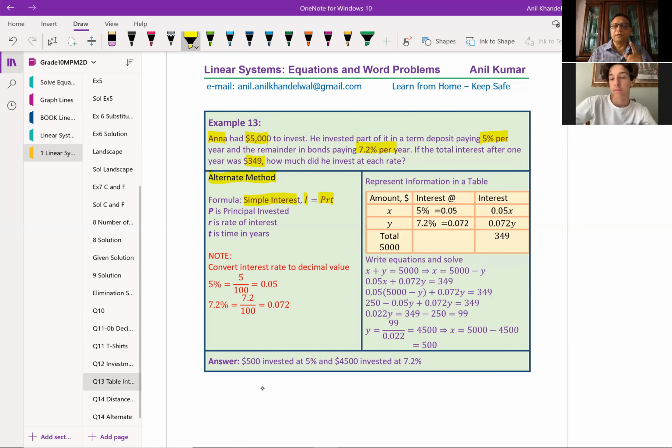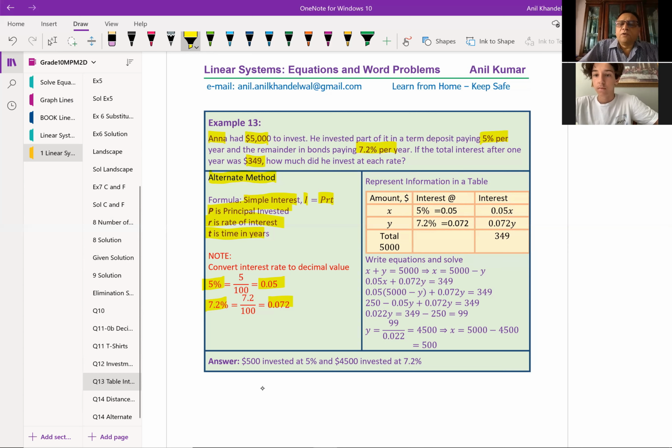In this case, 1 year means T is 1. So P is the principal invested, R is the rate of interest, T is the time in years. You have to convert the percent values into decimals, which we did here on the left side, just as we did in the previous case. These are the things which you should know about interest related questions.